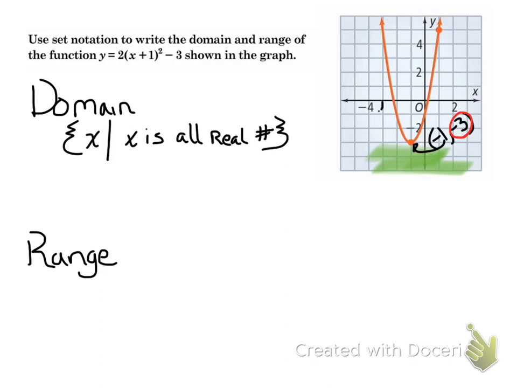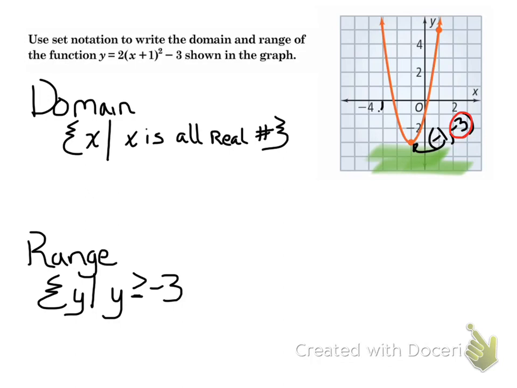So when I list out my range, all values in this graph are going to be greater than or equal to -3. So I'll say y such that y is greater than or equal to -3. So that is in set builder notation.